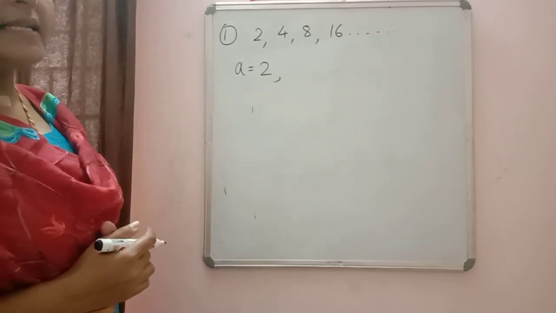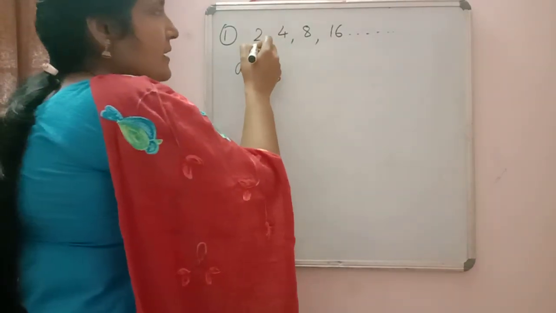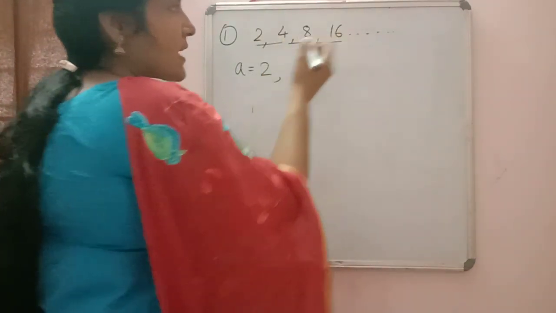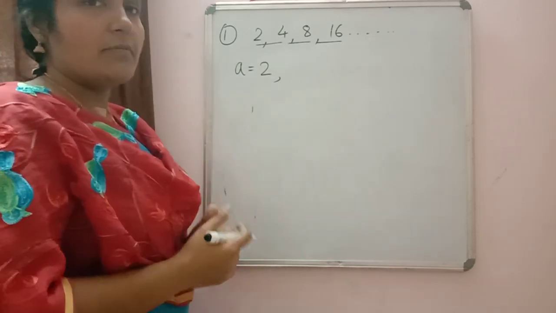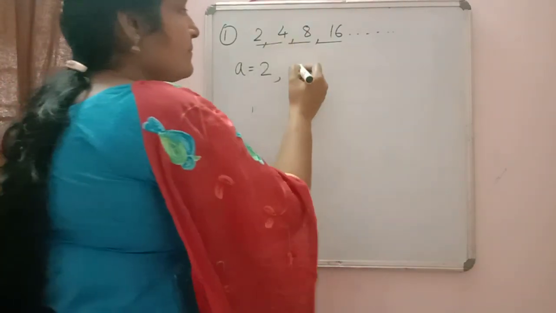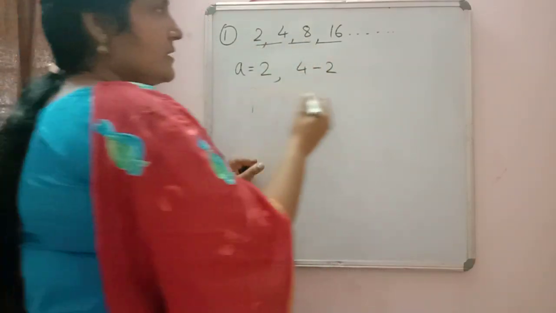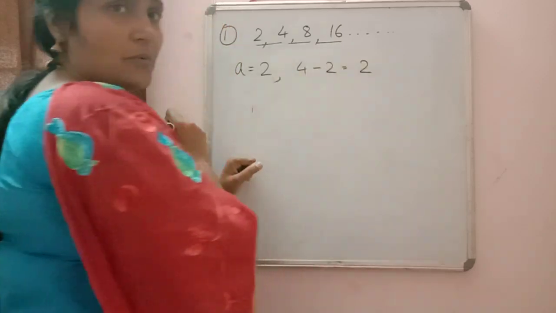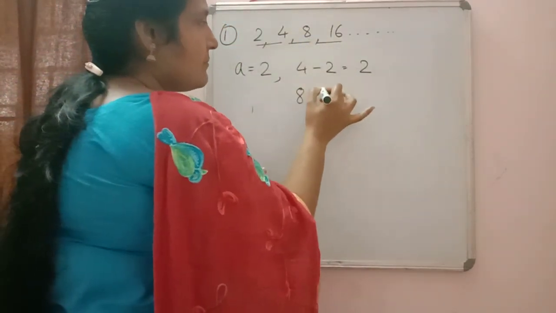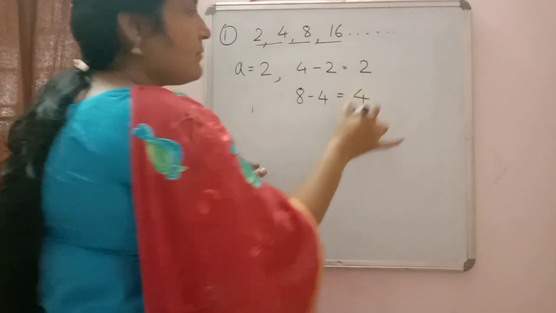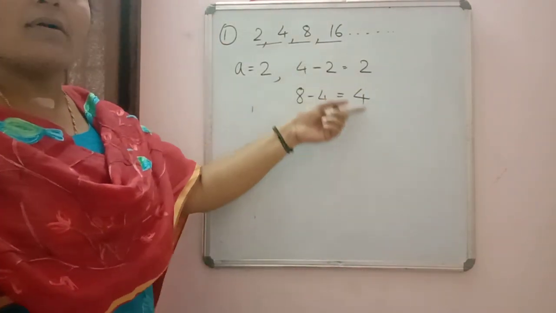Now to check whether they are in AP or not, we will subtract the consecutive terms, and if the difference is the same, then we will say they form an AP. Here we do 4 minus 2, second term minus first term, which is 2. Then third term minus second term, 8 minus 4, is 4. Here these differences are not the same.